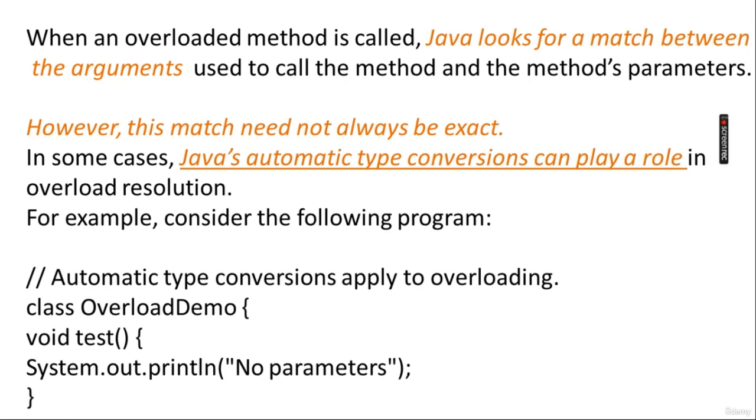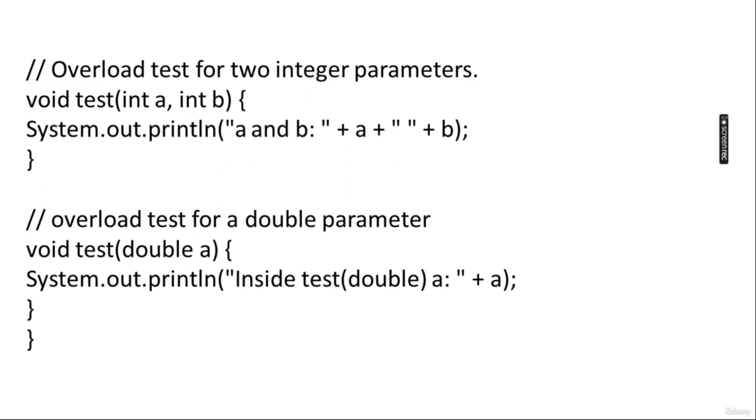For example, class OverloadDemo here, the same test method is provided, with no parameters. Second is 2 parameters, integer A, integer B. Then overload test for a double parameter. So the single int parameter version is not here. So this void test method, the second method, is omitted. Then here double, inside test double A, it is printing double.